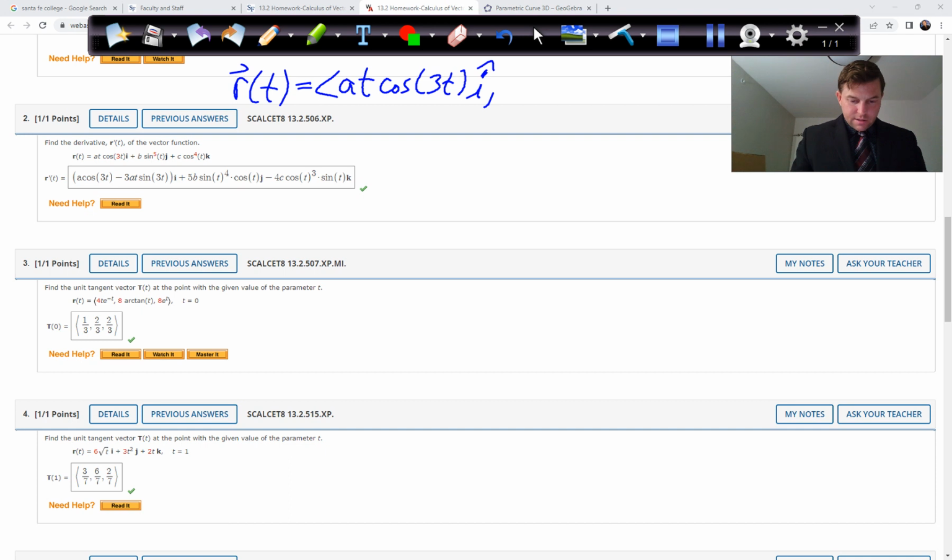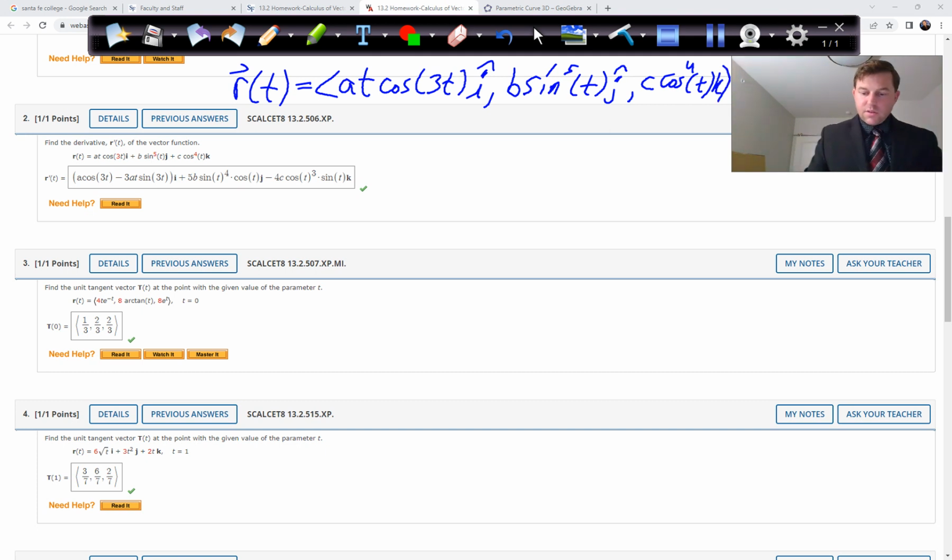Then they have b sine to the 5th power of t in the j direction, and then they have c times cosine to the 4th power of t in the k direction. So there's your vector, and basically we're just going to do this derivative one chunk at a time. So let's start with this one.